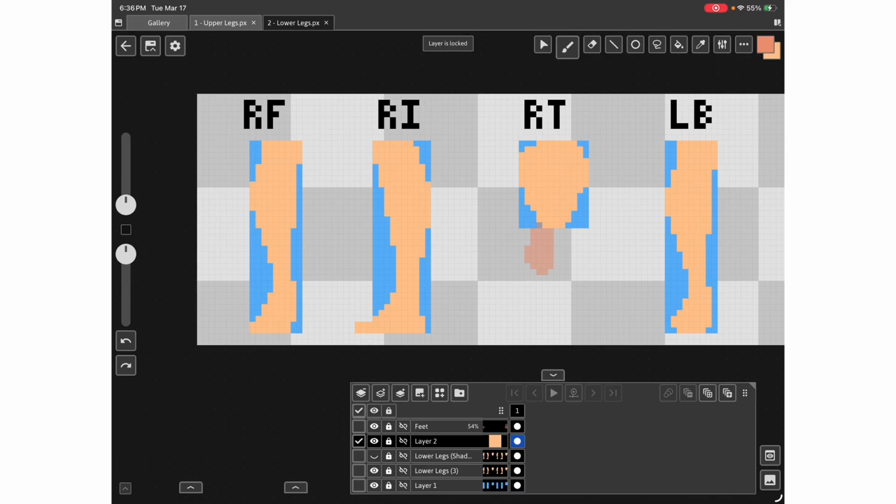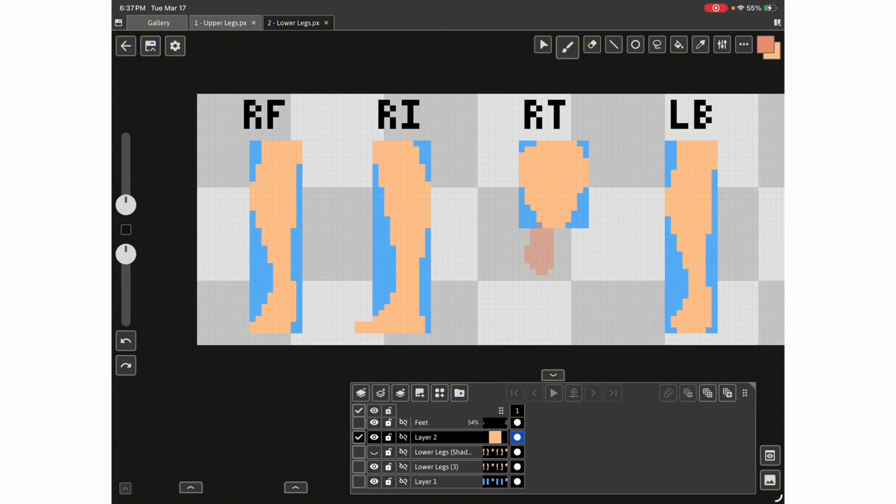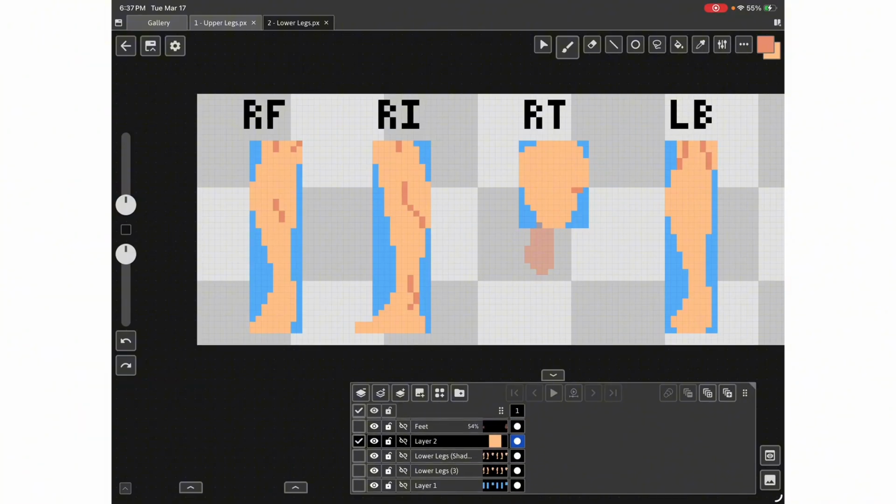There is locked. Oh, yes. Yeah, so that's the direction that this leg is facing. Okay, we just popped off the left leg. So this is the right leg. So in order to make that a little easier, yeah, there you go.